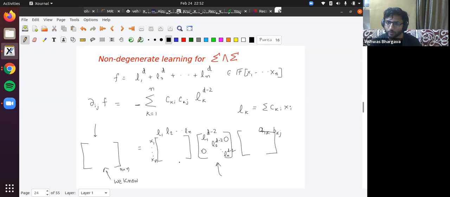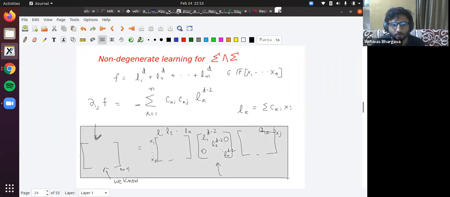One way to do it is to just look at the determinant of this polynomial. If the determinant of this matrix and this matrix is non-zero, what you get, okay, let me just take this to the next page for simplicity.